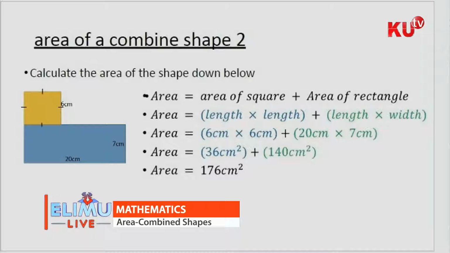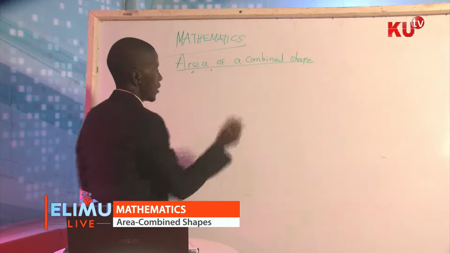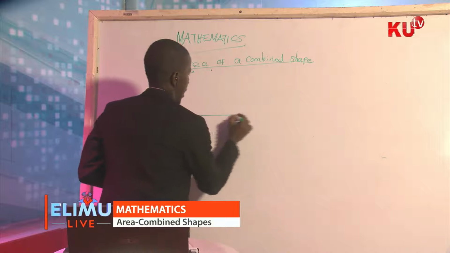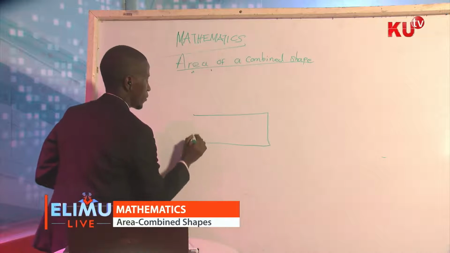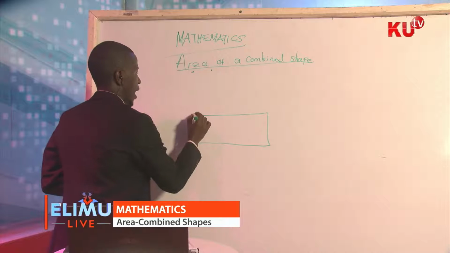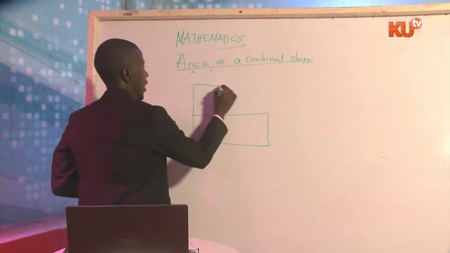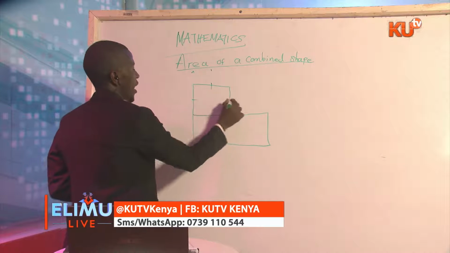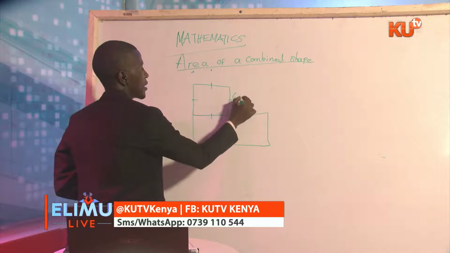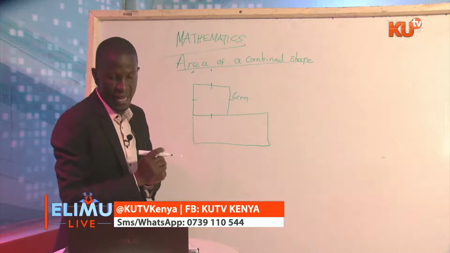So I want us to do it together on the board now, having seen the question. So this is how it is. Then we have the square here. The measurement of the square is 6 centimeters. That is the length.